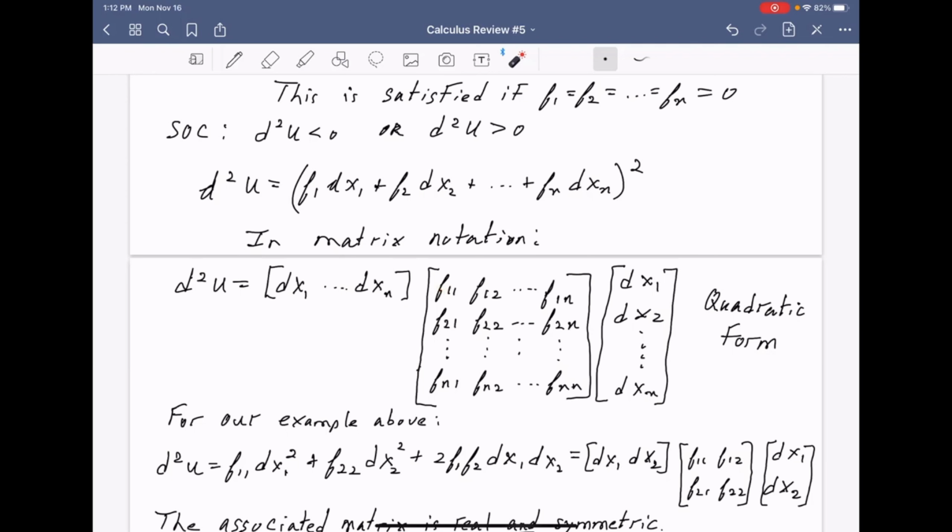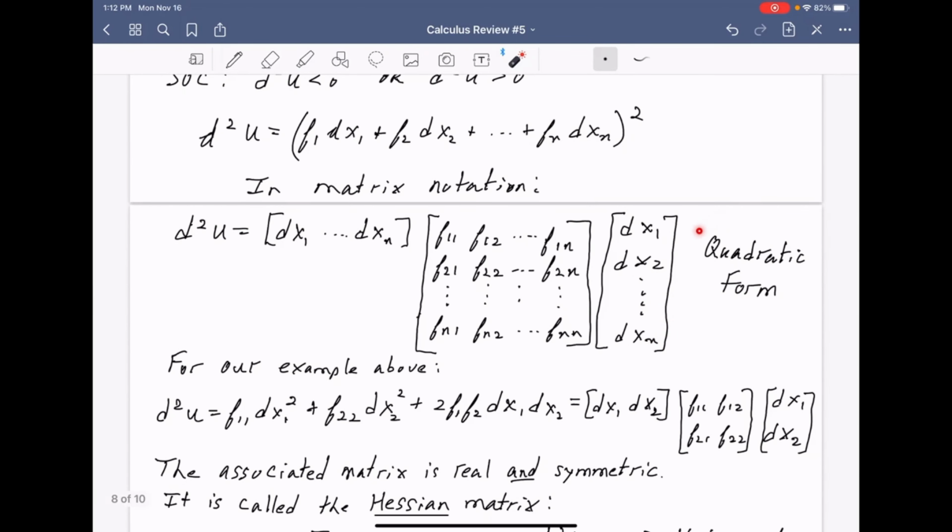So these are your second partials; f11, for example, is the second partial of f with respect to x1, and the same thing for f12, the second partial of f with respect to x1 and x2, and so on throughout this entire matrix. And then we have a column vector, dx1, dx2, etc. This particular kind of notation is referred to as a quadratic form.